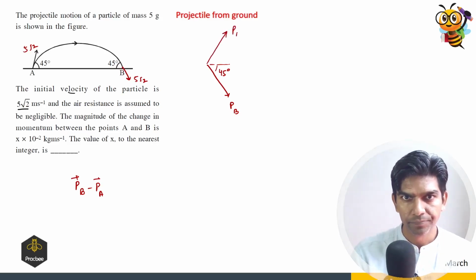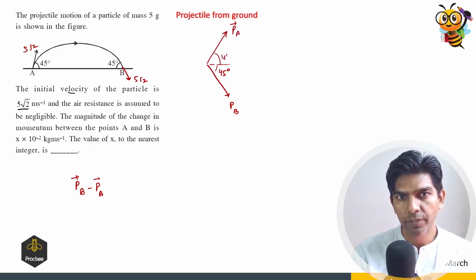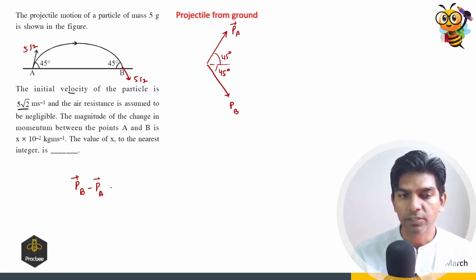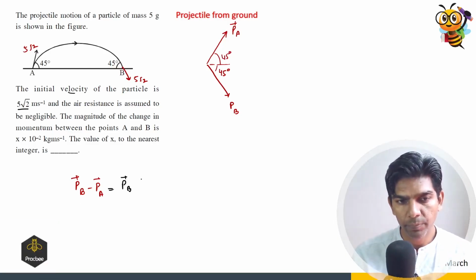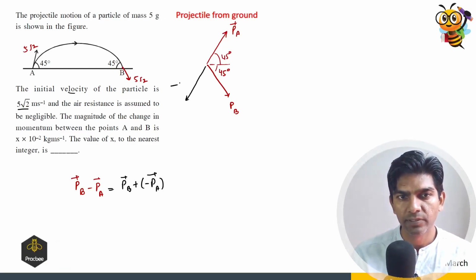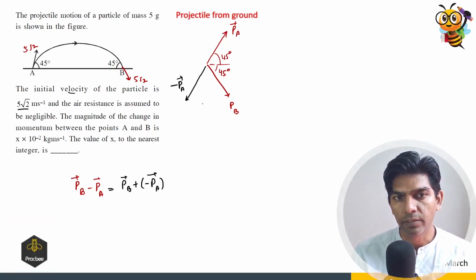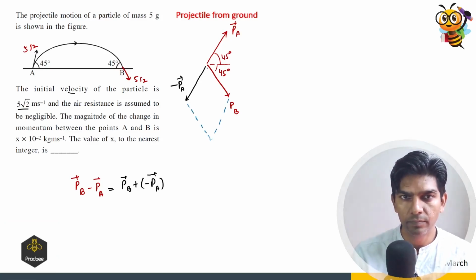This is PA, which is making an angle of 45 degrees with the horizontal. PB minus PA can be written as PB plus minus of PA. So minus of PA will be opposite to PA. Now the resultant of these two vectors, minus PA and PB, will give us the change in momentum. So this is the change in momentum delta P.